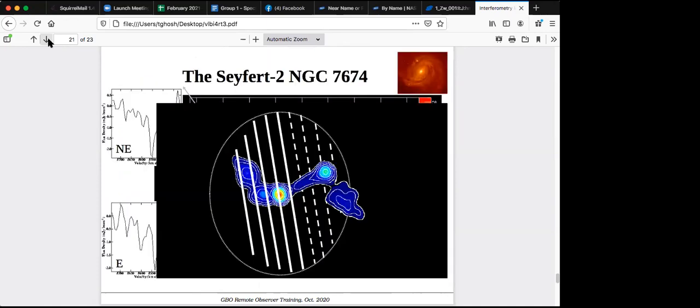This is some other stuff that you can do. You can make a beautiful map of this basically HI obscuring disk, where you can see the radio jets. One jet is actually coming out of the disk, another one is below. Then there are lots of other important observations.